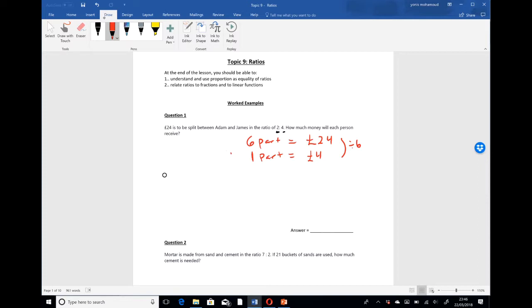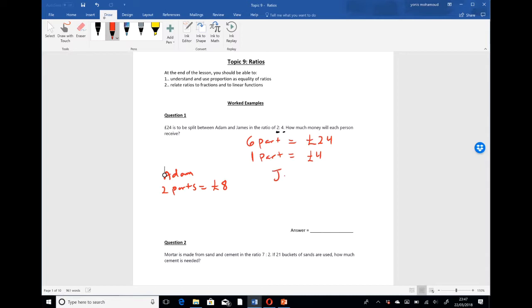Now that I know that one part gives me 4 pounds, I can easily work out how much Adam gets. Adam has 2 parts, and as we know that one part is 4 pounds, 2 parts will be 8 pounds.